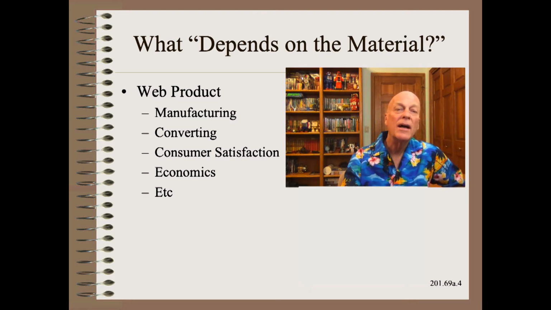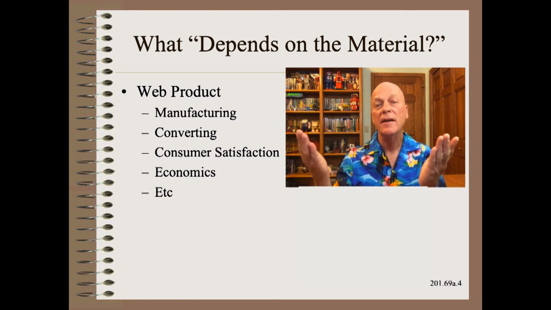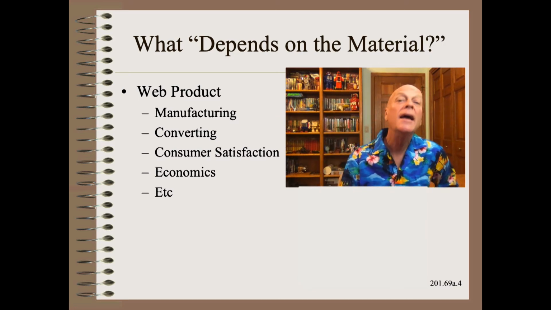Machine design, process design, and process setting all depend on the product being made. Same with converting: design and settings of the machine it is converted on. More important still is end-use customer satisfaction. That obviously depends on the material. And all of this affects economics, the most important of the items on the it depends list.